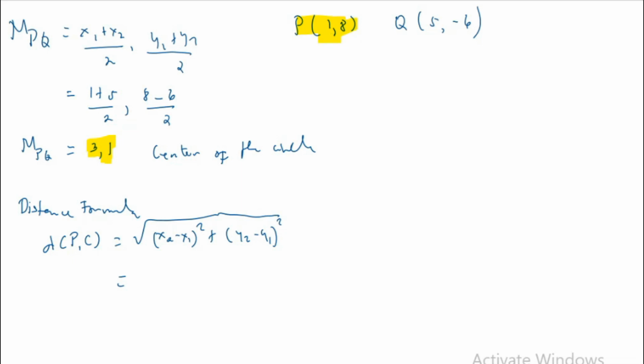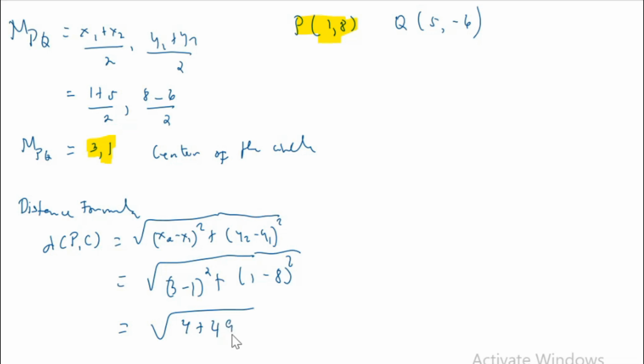By substitution, we have 3 minus 1 squared plus 1 minus 8 squared. Simplifying this, 3 minus 1 is 2, 2 squared is 4, plus 1 minus 8 is negative 7. The square of negative 7 is 49.